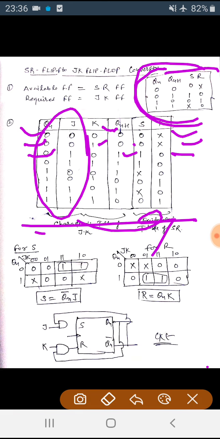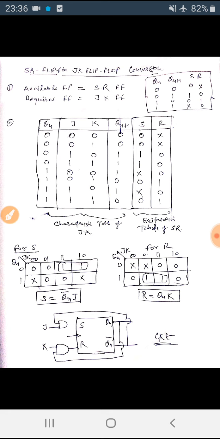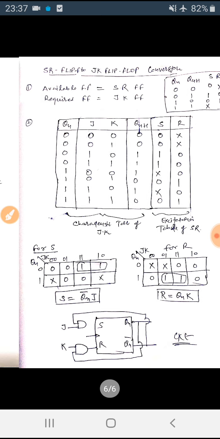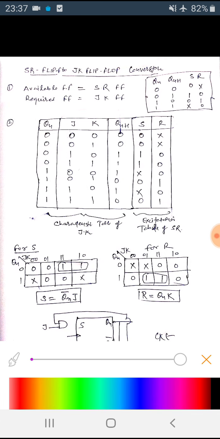So we must learn all these characteristic tables and excitation tables which we have already seen. To convert from one flip-flop to another, we need to learn all these things. Now the fourth step was to write the Boolean expression for the available flip-flop. SR is available, so we will write the Boolean expression for it.